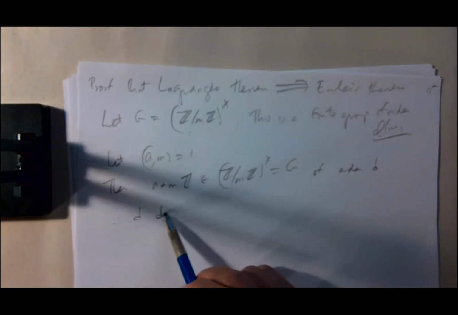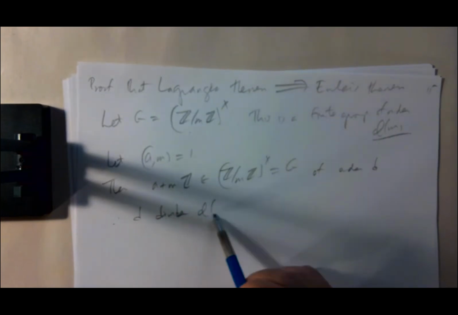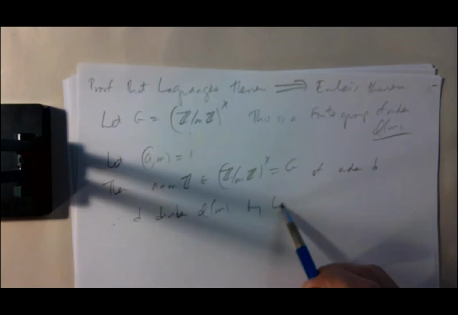So d divides phi of m by Lagrange's theorem. The order of an element divides the order of the group.